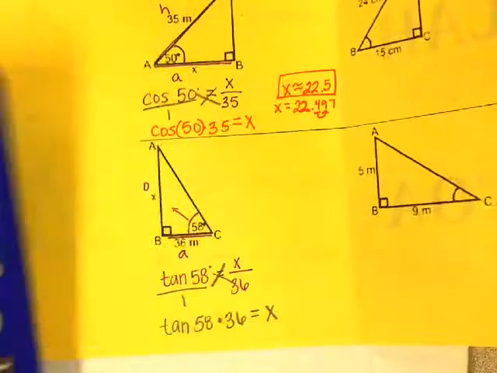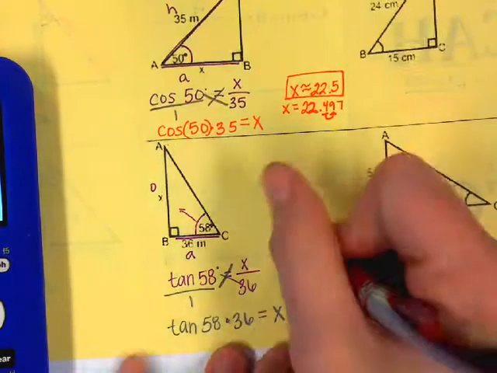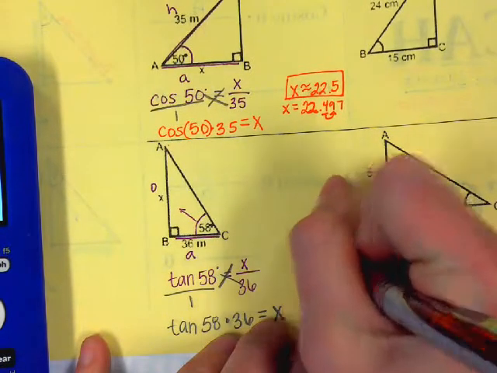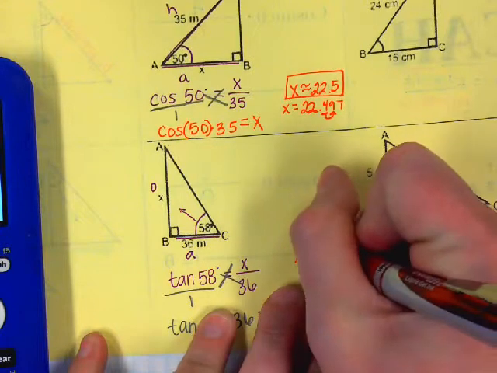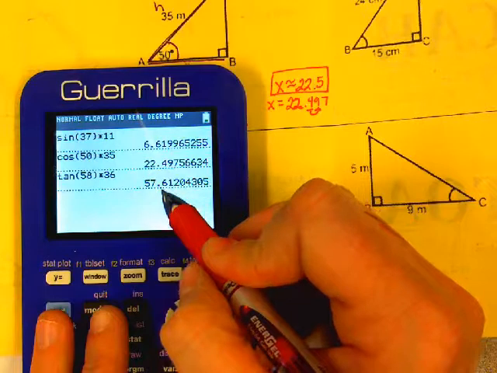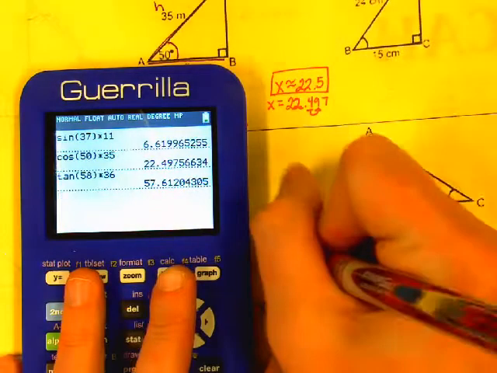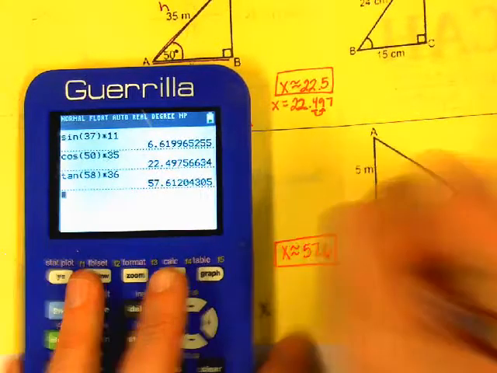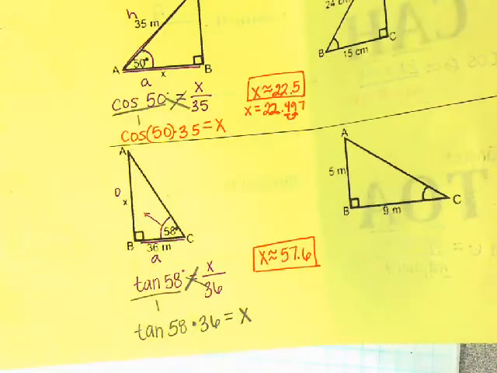The angle measure is 58 times 36. So x is approximately 57 point, and that 1 makes the 6 stay the same, so I'm just going to put 0.6.